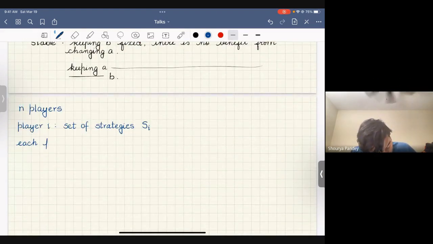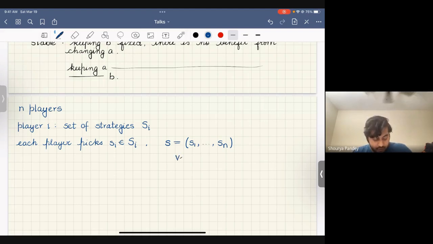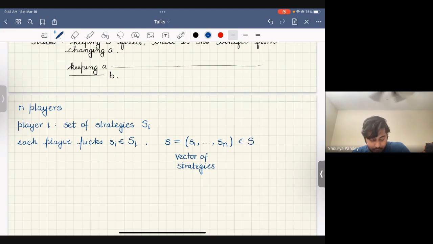So each player picks a strategy, and then we have this tuple S, which is a set of strategies, like a vector of strategies, which is an element of the product of these sets, of course.